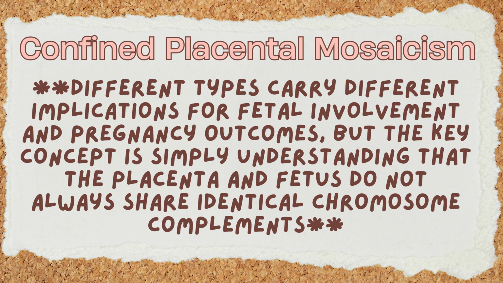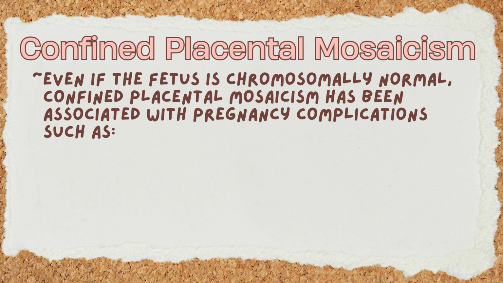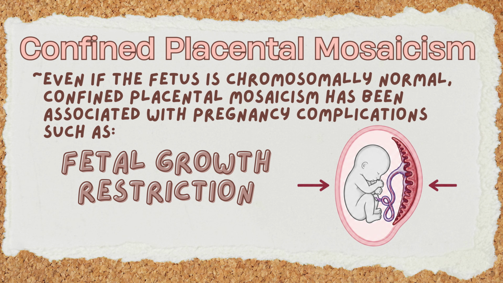Different types carry different implications for fetal involvement and pregnancy outcomes, but the key concept is simply understanding that the placenta and fetus do not always share identical chromosome complements. Even if the fetus is chromosomally normal, confined placental mosaicism has been associated with pregnancy complications, such as fetal growth restriction in some cases, which is one reason these pregnancies may receive additional monitoring.